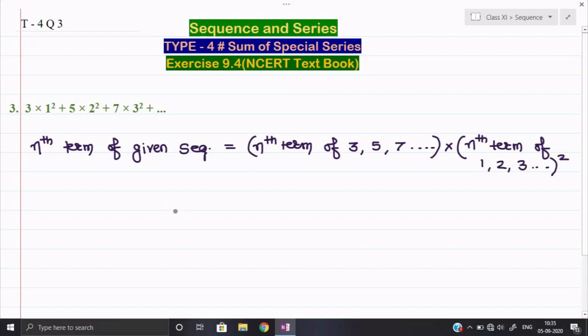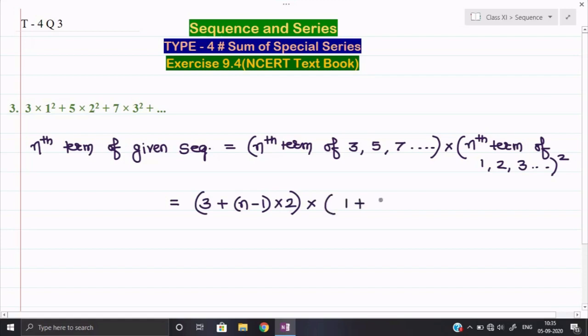See now. First I will find out the nth term of the first sequence, that will be 3 is the first term, plus n minus 1 into the common difference, here 2, right? This is the nth term of the first, into the nth term of the second one, that will be (1 plus (n minus 1) into 1) and whole power 2 will be as it is.